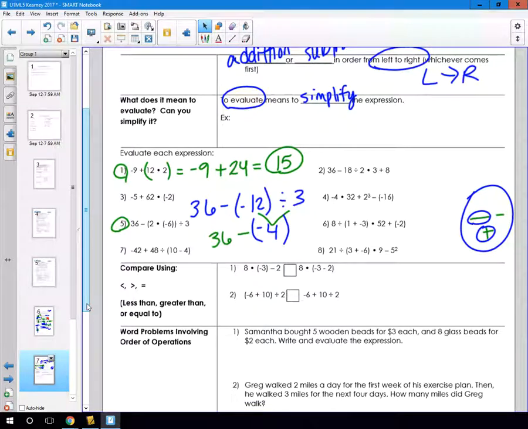Okay, and now we have 36 minus a negative 4. And remember, if you take away negativity, what does that actually do? It adds positivity. So we're going to say 36 plus 4. And 36 plus 4 is 40.